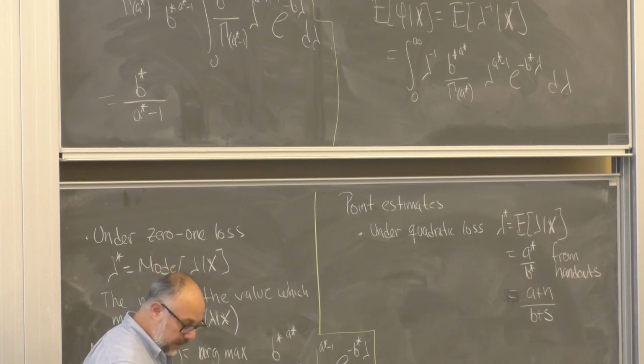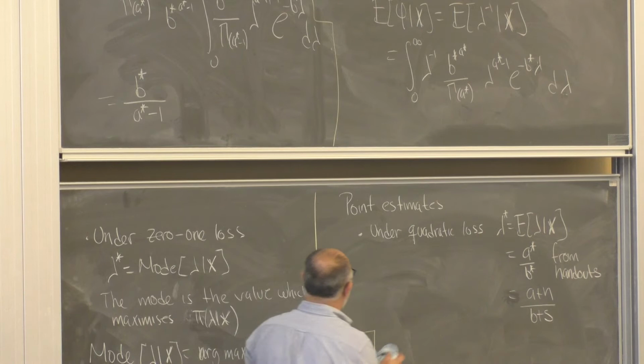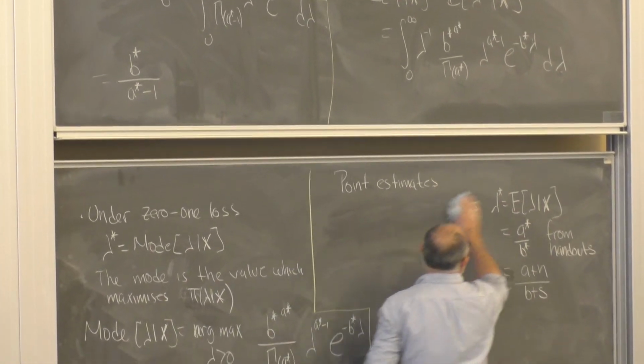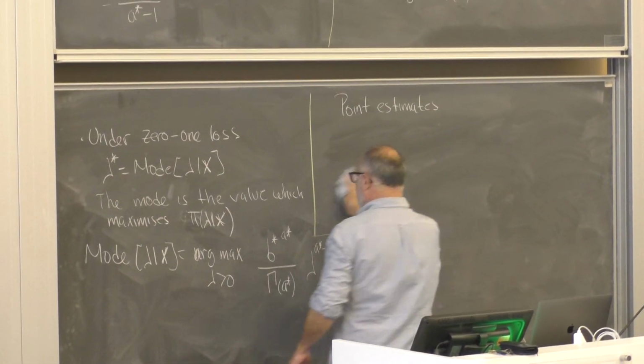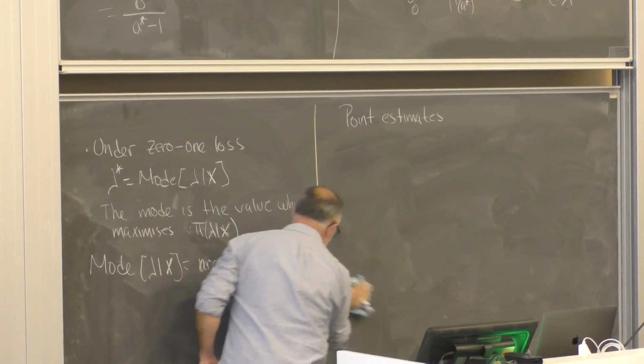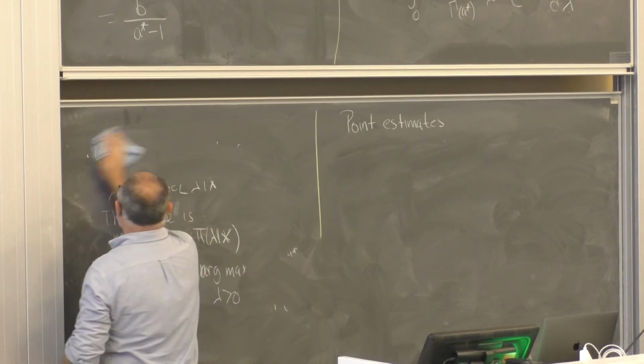So far, at least for the mean, we were able to use the posterior distribution of lambda to calculate that point estimate.